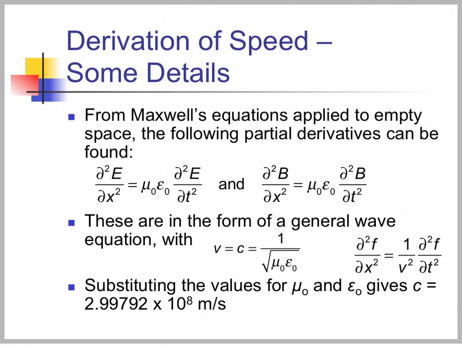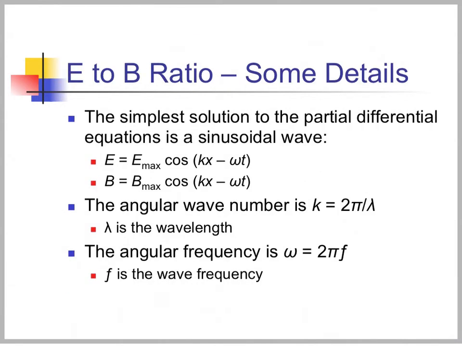The simplest solution to those partial differential equations is a sinusoidal wave. So the electric field is some maximum value times cosine of kx minus omega t, where k is the angular wave number, 2 pi over the wavelength, and the angular frequency omega is 2 pi times the frequency.